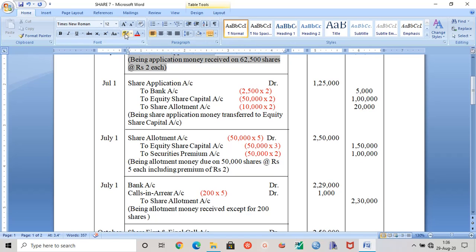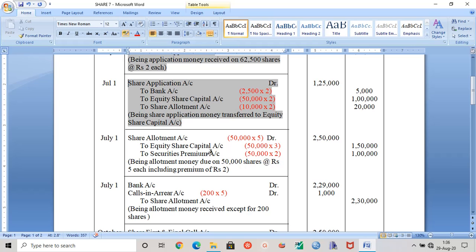Now let us see how this adjustment can be made here. On 1st July 2019, including premium of rupees 2, allotment money was due.